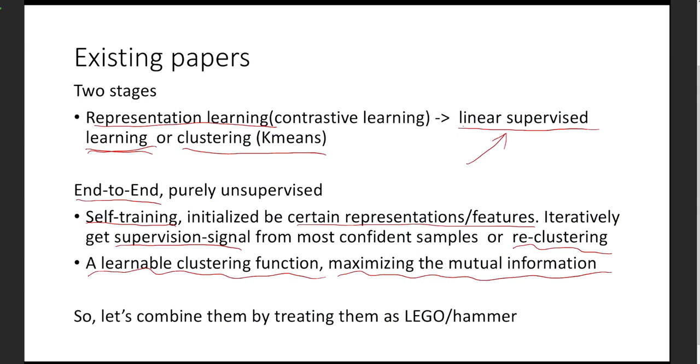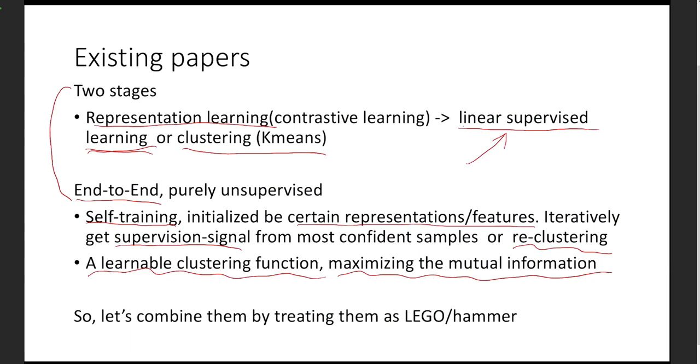So let's combine these two methods, because they have different components. We treat them as Lego and combine them into a new hammer. In this paper, the authors combine the components into a new method to improve performance.